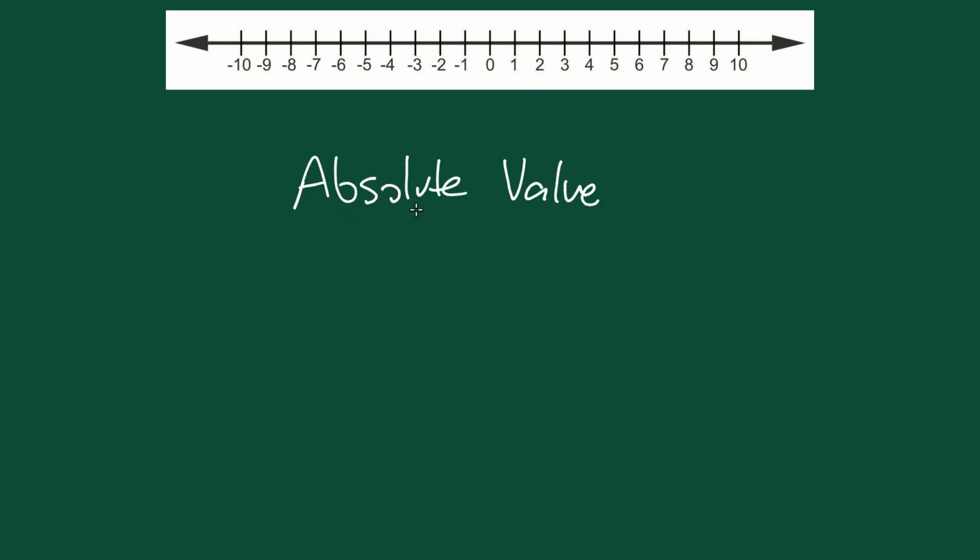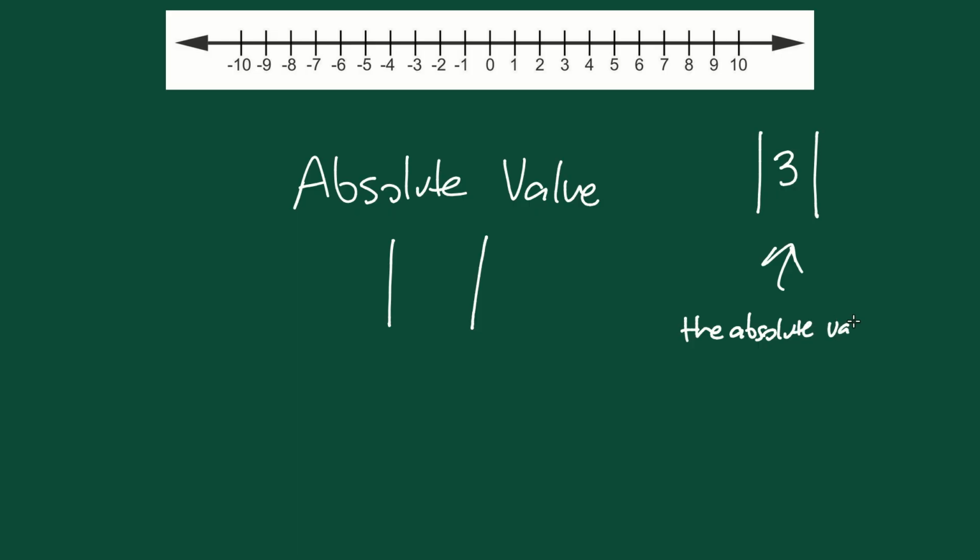Okay, so absolute value, the symbol in math is 2 vertical bars like this. Okay, so if you saw, for example, these 2 bars and the number 3, this right here would be the absolute value of 3.